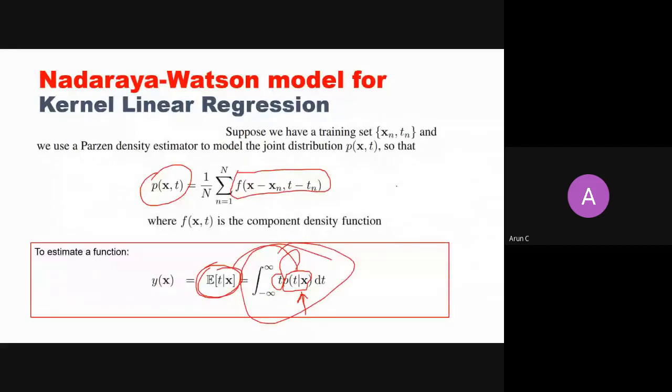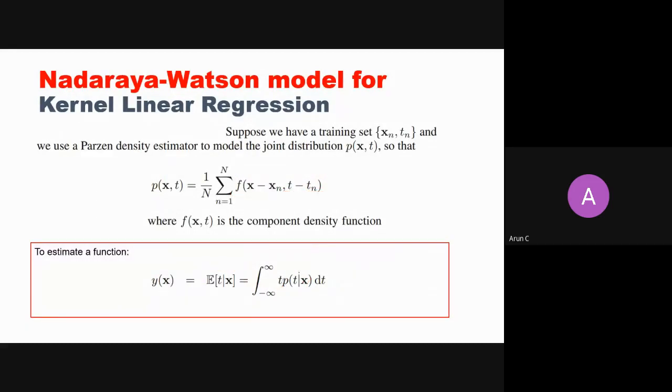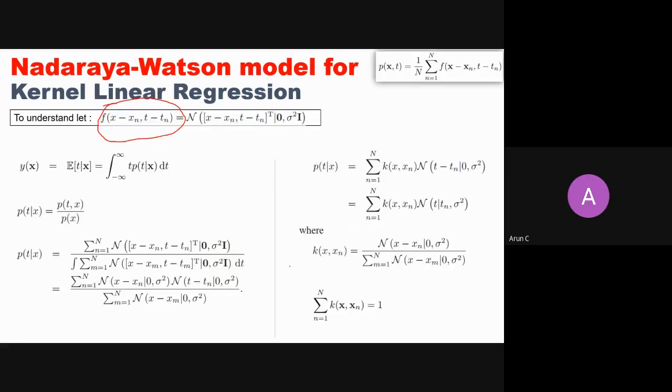This is the formula of expectation, very clear and simple. So I can write p of t given x as p of t comma x, my joint probability, divided by my marginal probability. It is the same formula of conditional probability. Very easy. You have done it so many times.